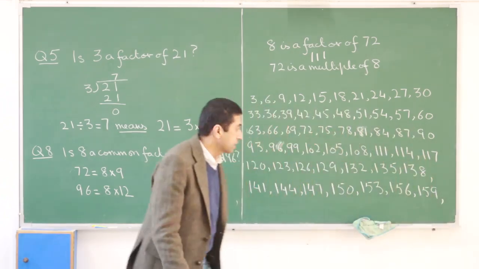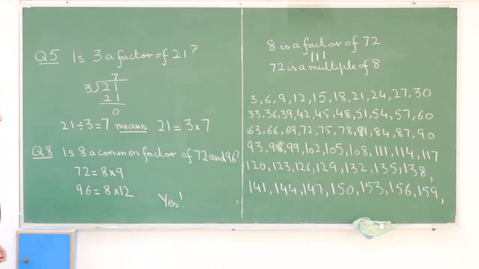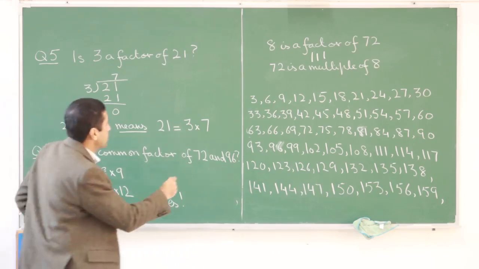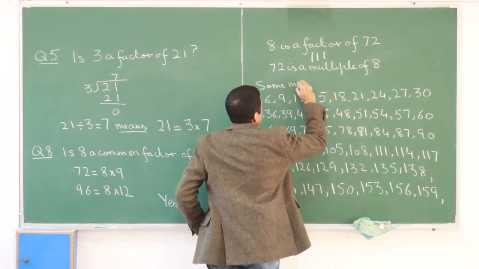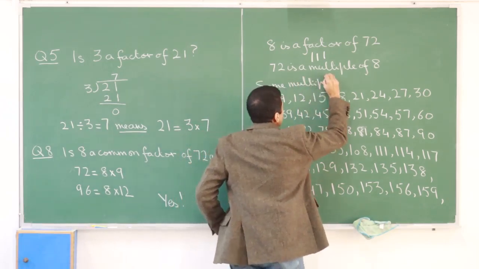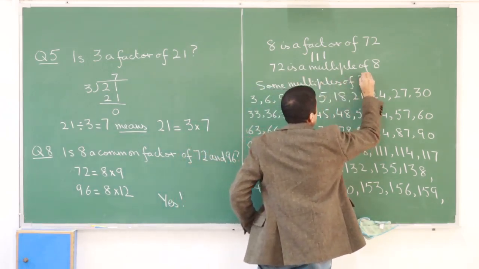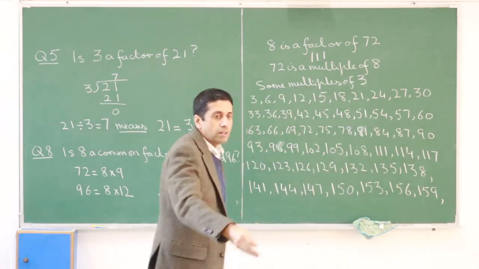I could go on, but this is getting pretty boring. All these are multiples of 3. These are some multiples of 3. So if somebody asks you to count how many multiples of 3 there are?